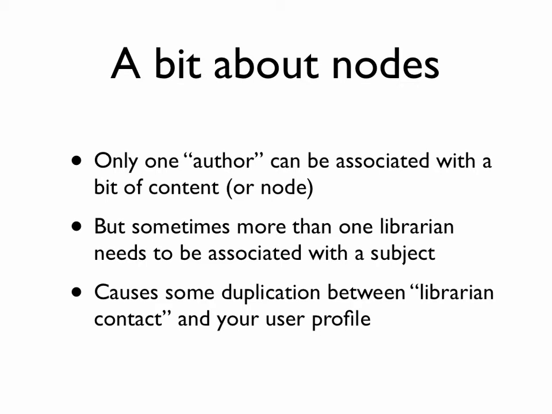But sometimes more than one librarian needs to be associated with the subject. Think about nursing, a good example. There are several librarians associated with that subject, and we can deal with that, but it causes a bit of duplication between the librarian contact and your user profile.